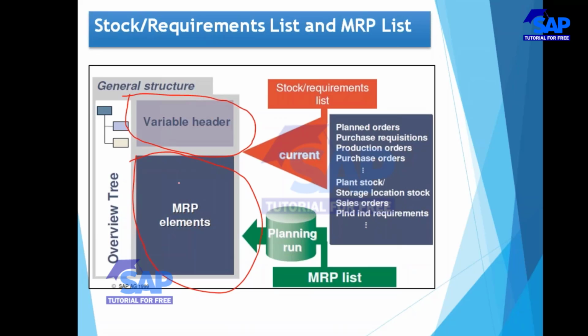And then your receipt elements: planned orders, purchase requisitions, production orders, purchase orders, and all the remaining elements. All those will be shown in the MRP elements screen. When you run MRP, all these will get updated accordingly. There will also be an overview tree which you can hide or open whenever you want. That also I will show you.